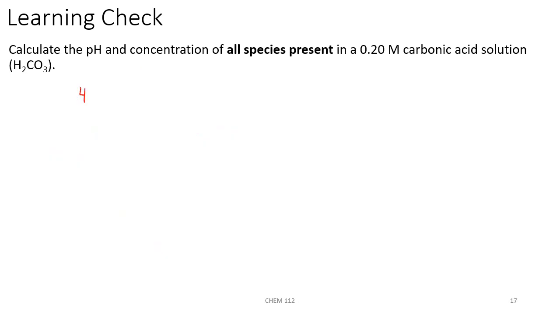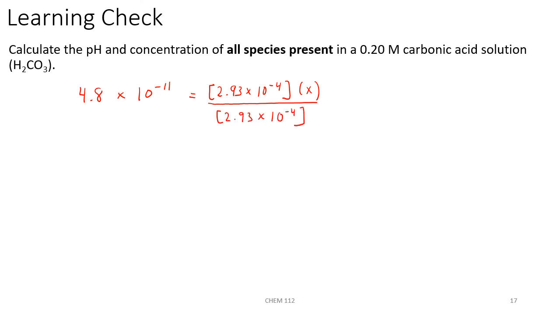So now using our Ka2, we're going to have 4.8 times 10 to the negative 11th is equal to our concentration of hydrogen ion, which came from the first step, 2.93 times 10 to the minus fourth, times the concentration of our carbonate ion, which we'll just call X at equilibrium, divided by our concentration of our hydrogen carbonate ion, which was the same as the hydrogen ion because they were 1-to-1 in the first dissociation.